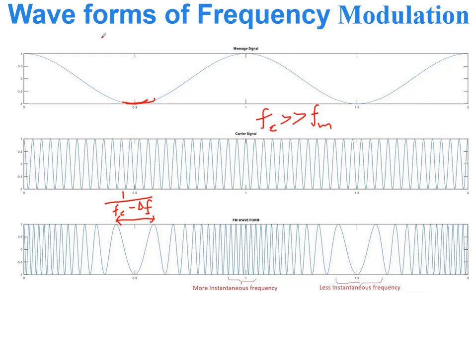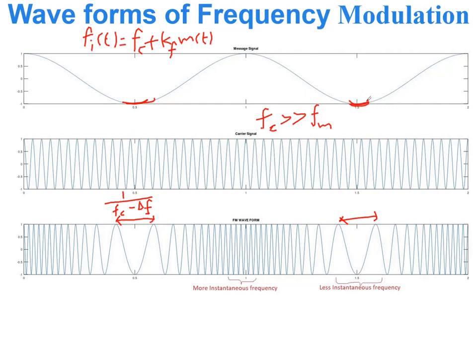Because the standard instantaneous frequency fi of t is fc plus kf times m of t. Whenever m of t is negative, very low, obviously the frequency is very less or the time period is more. Which you can observe here also.